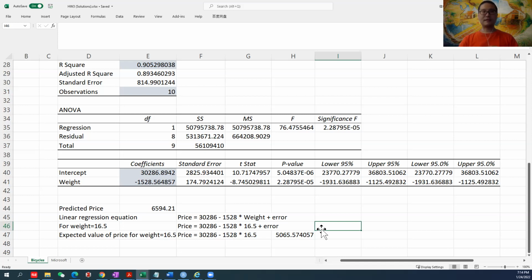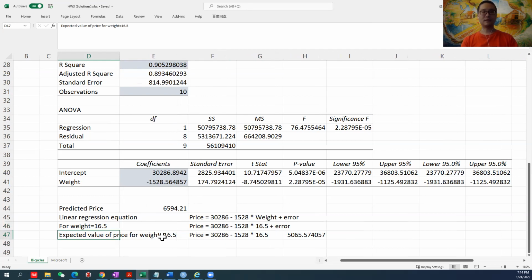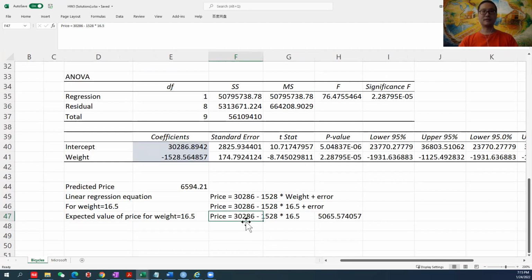Because the expected value of error is 0, for an expected value of price for a bike with this weight, we simply have 0 as the expected value of error. As you can see, the error term goes away. So this would be the expected value of a price for a bike with weight equals 16.5.